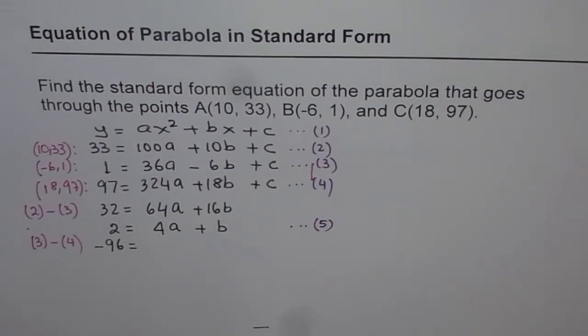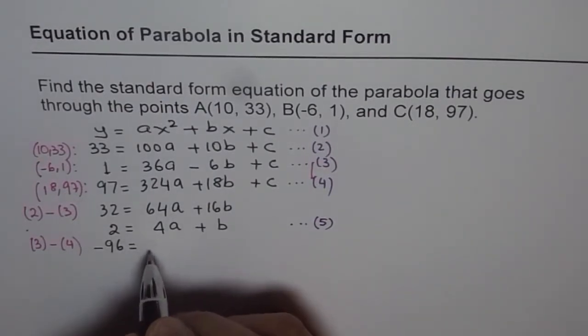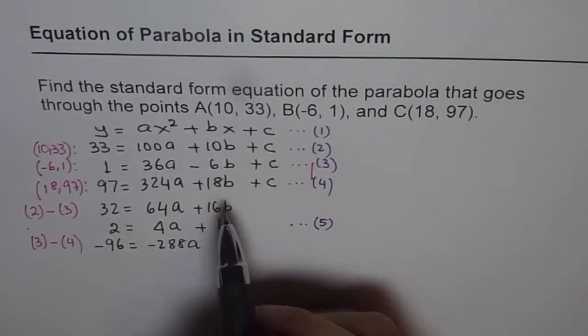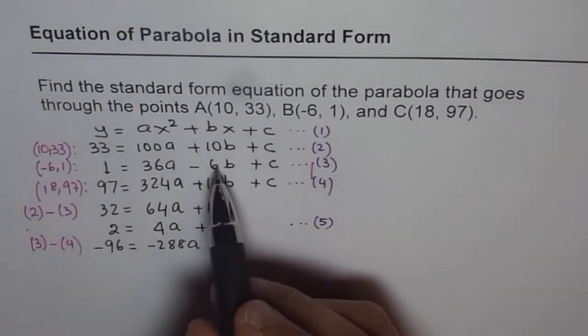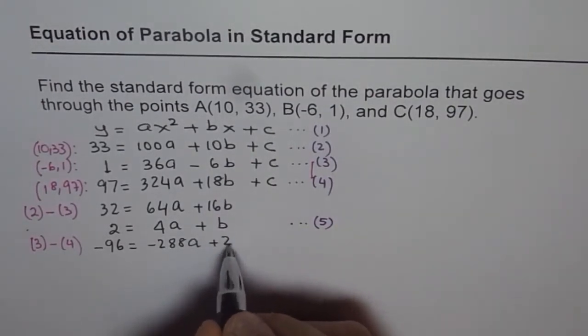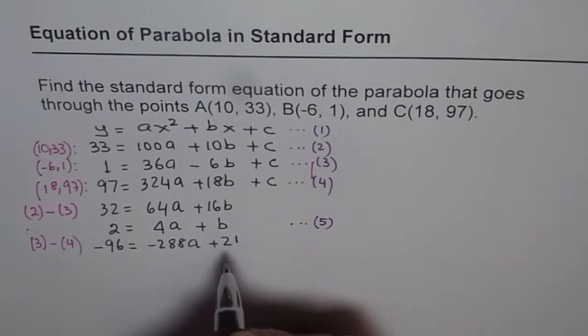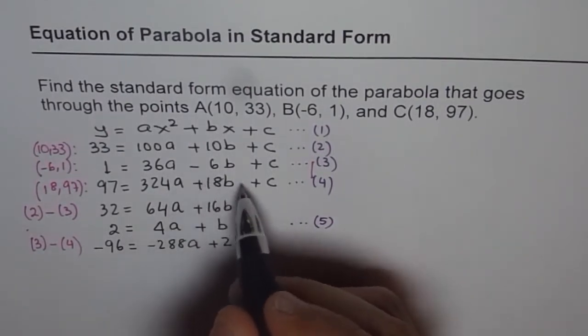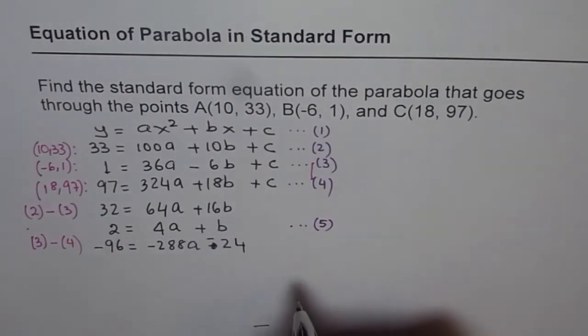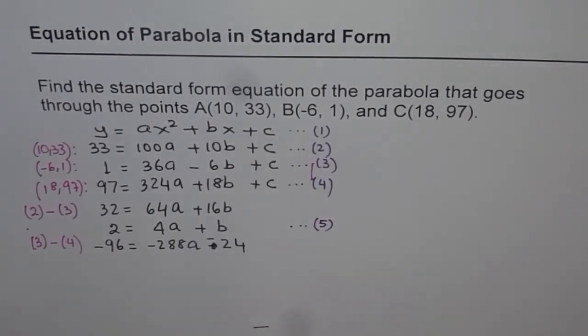That gives you negative 288, so we have negative 288a. And minus 6 minus 18 will give us minus 24b. c minus c is 0. So that is what we get.